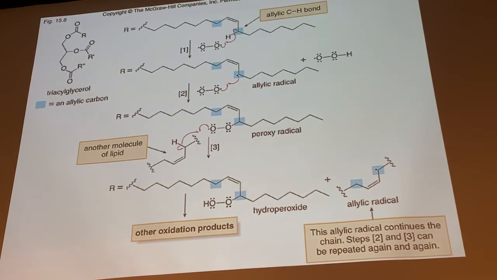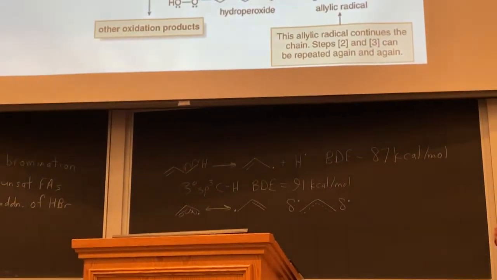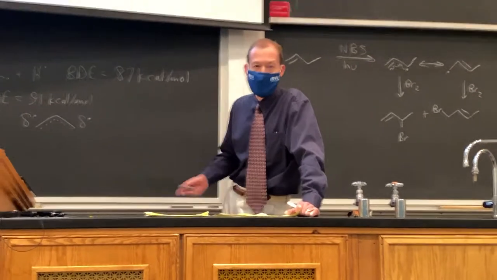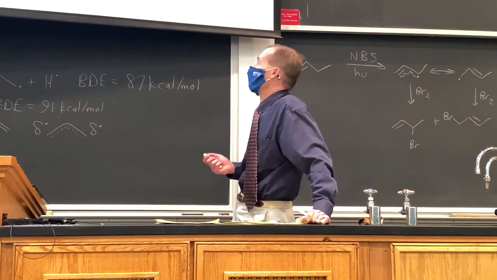This also tells us that if we keep our vegetable oil products away from air, then we can prevent them from going rancid. So if you have little vials of olive oil that you're trying to keep from going rancid, if you wrap them up very tightly so that air is not getting in, if you store them cold, you're going to slow down the rate of this process. So these are some ways that you can preserve your olive oils.